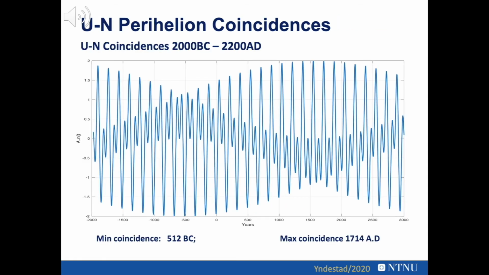This figure shows an index of perihelion coincidences between Uranus and Neptune from 2000 before Christ to 2200. It shows a perfect coincidence at the year 1714, as expected. The coincidence index has a minimum at the year 512 before Christ.